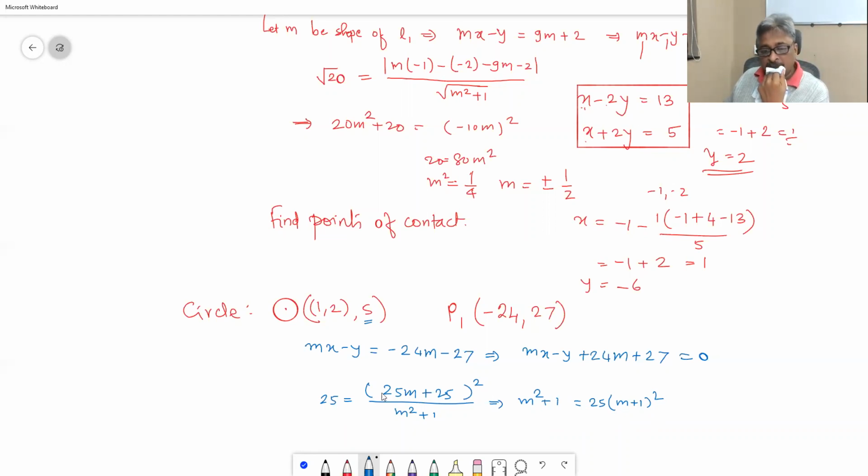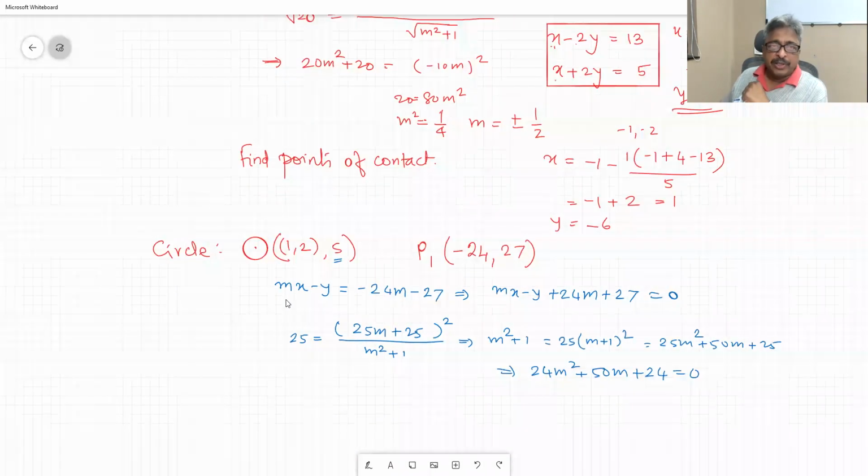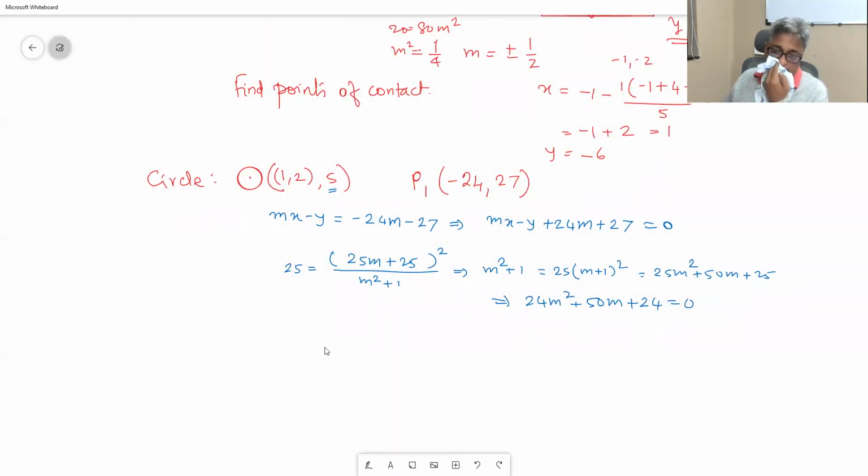Here it is 25 common square. So 125 goes, another 25 survives. So which is equal to 25 m square plus 50m plus 25. And in LHS m square plus 1. That gives you a quadratic equation 24m square plus 50m plus 24 is equal to 0. Now it is a quadratic equation to solve, and if you solve it properly, you will get two values of m.